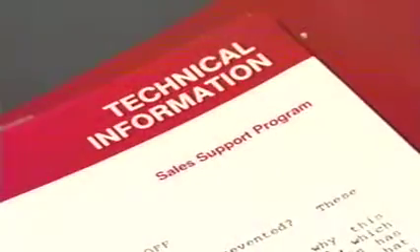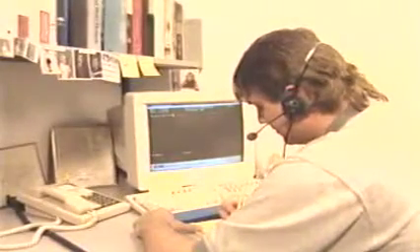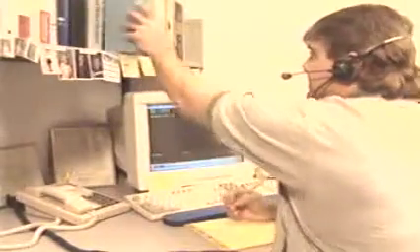If additional information about the equipment is needed, you should consult the manufacturer's service manual or troubleshooting charts for additional help. Ideally, the dispatcher will have a library of this information which you can access electronically or by phone. Okay, what's the model number on that? An experienced dispatcher can also be an important source of technical support.